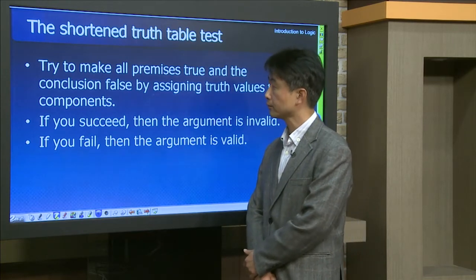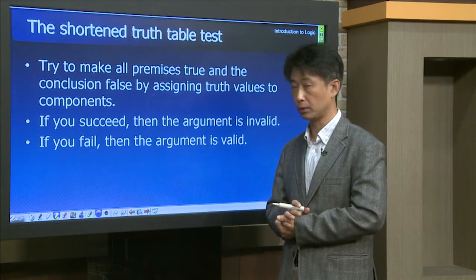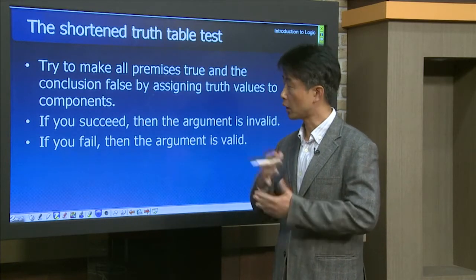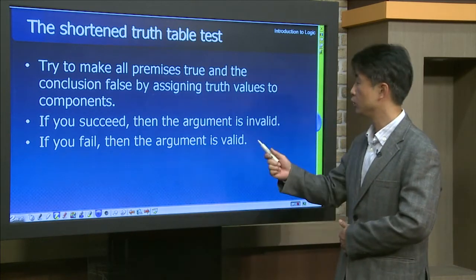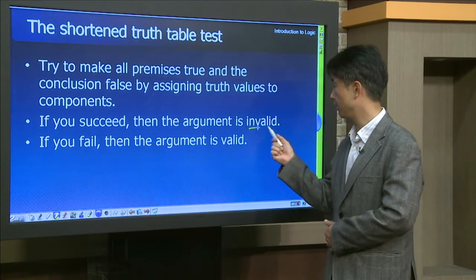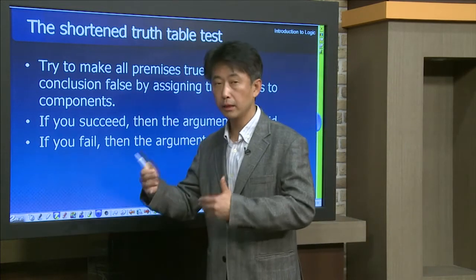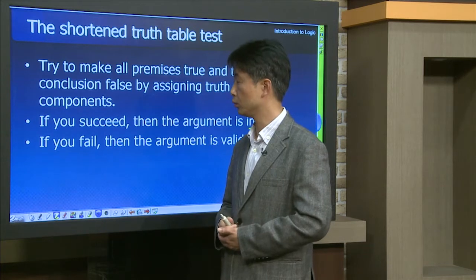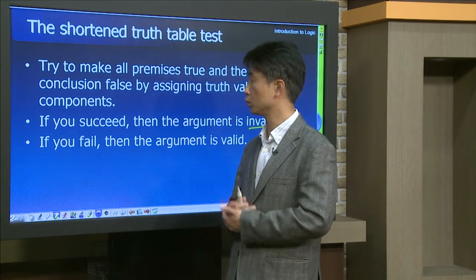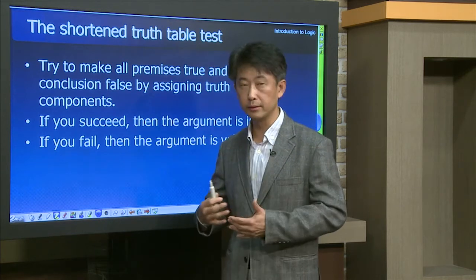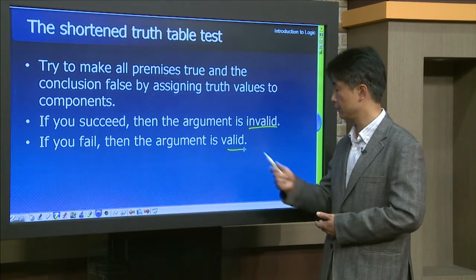You try to do that, and if you succeed, then you have just shown that the argument is invalid. Now, if you have tried, but you couldn't make all the premises true and the conclusion false, that means you fail, and that means the argument is valid.